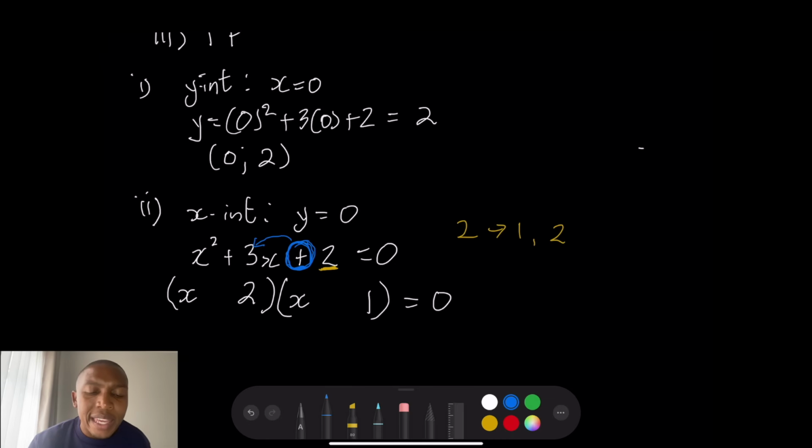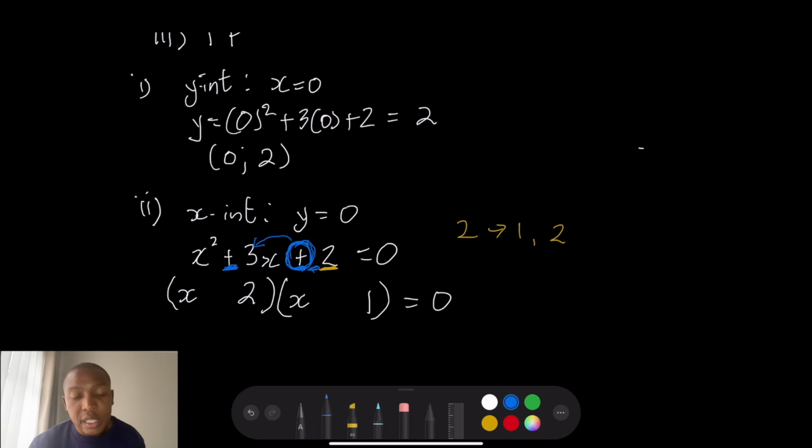And where do I get the sign of the bracket? I get it from the middle term. I've got a positive sign in my constant term next to the 2, so the signs inside the bracket are the same.